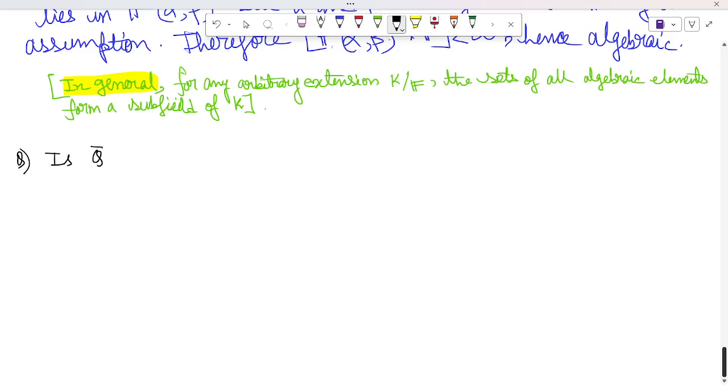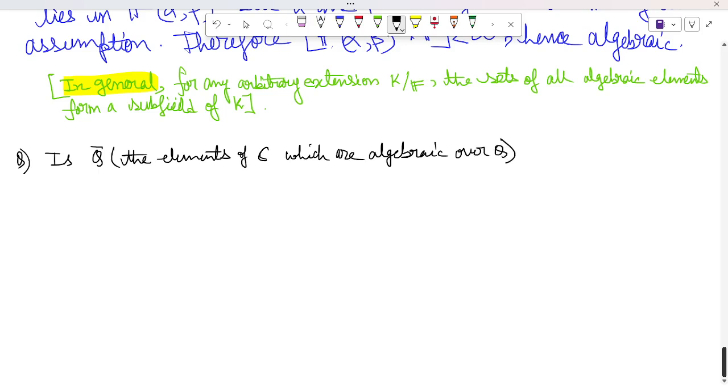Is Q-bar, the algebraic elements of C which are algebraic over Q, a finite extension of Q? That is natural to ask, and the answer is no.